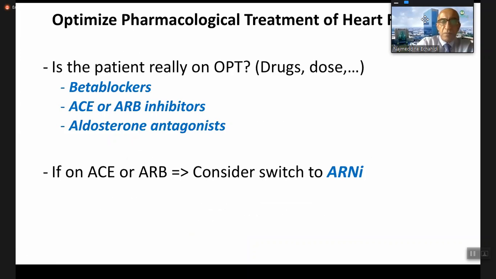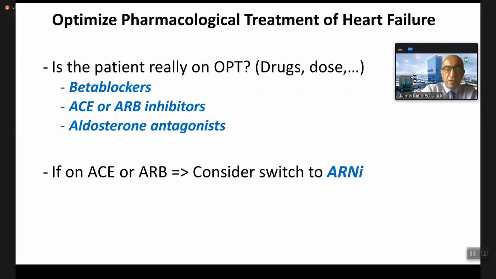Again, optimal pharmacological treatment is mandatory before thinking about optimizing anything in our patients, and all of our patients should be on this treatment. I would even say ACE inhibitor and ARB will most likely soon be replaced by ARNI.